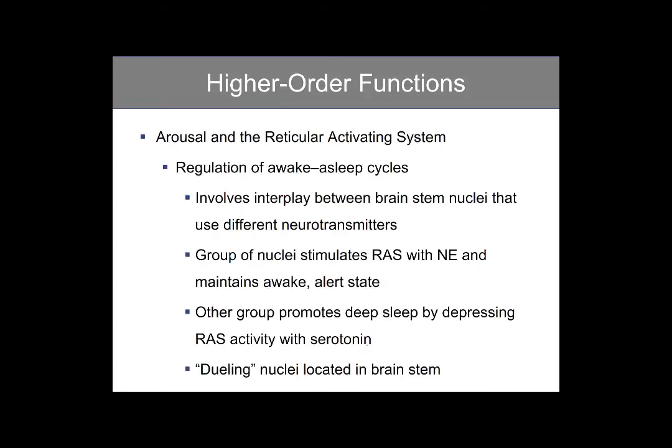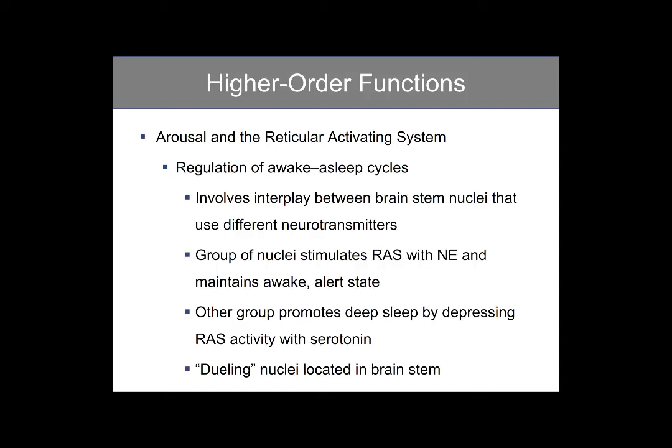The regulation of our awake-asleep cycles involves an interplay between the brainstem nuclei that use different types of neurotransmitters. Groups of nuclei stimulate the RAS with norepinephrine and maintain the awake, alert state. Other groups promote deep sleep by actively depressing the RAS with the neurotransmitter serotonin.